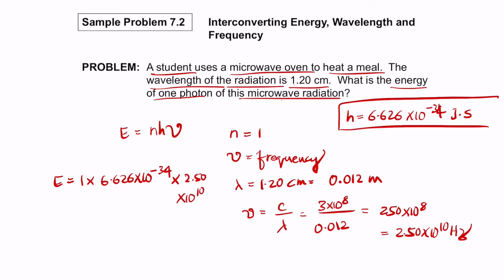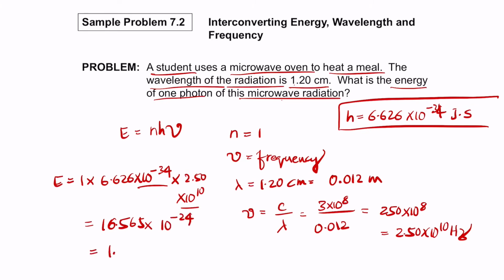So using the values now, you have 6.626 into 2.50, so it becomes 16.565 times 10 to the power negative 34 times 10 to the power 10, which gives you 10 to the power negative 24.